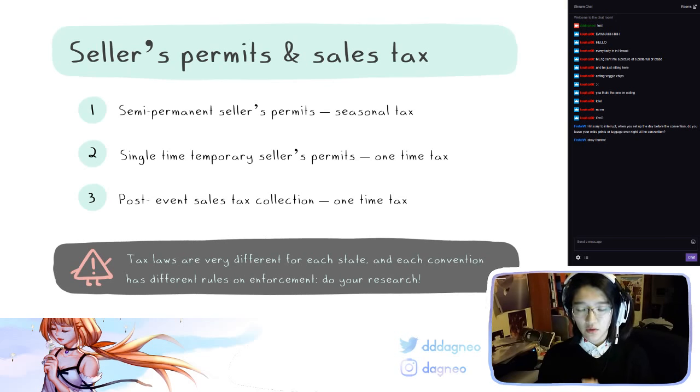I think Illinois does this where you sell at a convention and then the state trusts you to come back after the event, go to their system and say, hello, I sold at this place on this date and this is how much money I made. Here is the sales tax for it. Again, every state is extremely different in the way they do their sales tax. It is really annoying, and frankly, this is the most annoying part of Artist Alley: taxes. But make sure you do your research and make sure you're not breaking any rules.